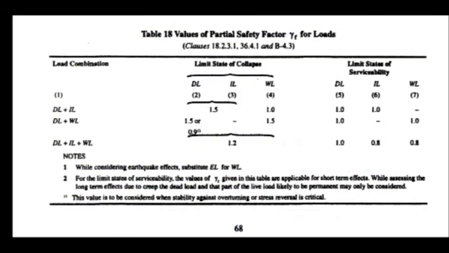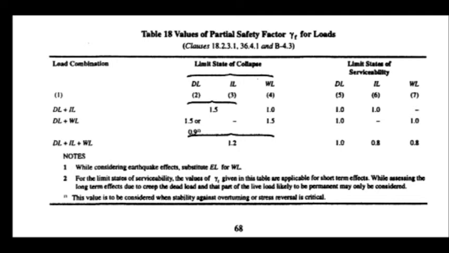Before starting to understand the assumptions of clause number 38, let's take a look at table number 18 of IS 456-2000 for the values of factor of safety. In the left column there are the load combinations like dead load, live load, dead load with wind load, dead load with live load and wind load.